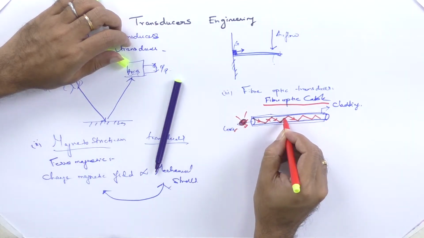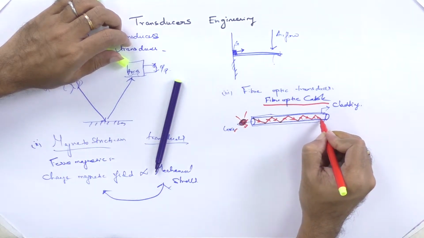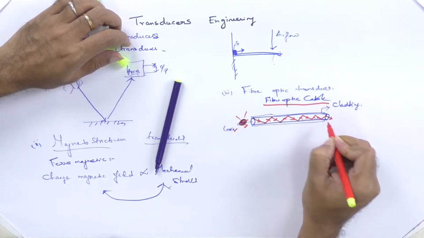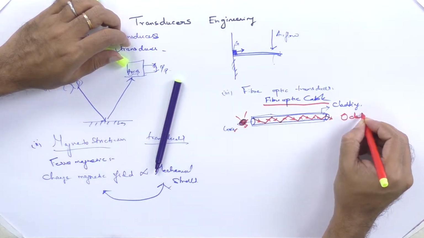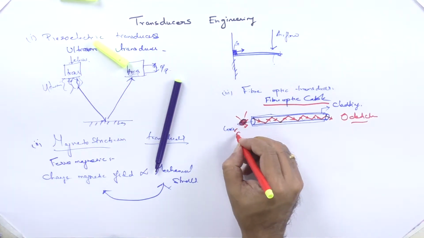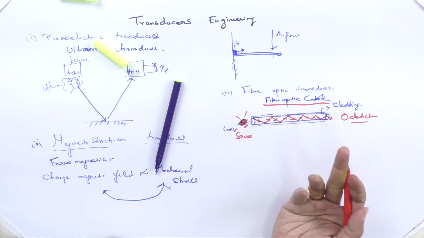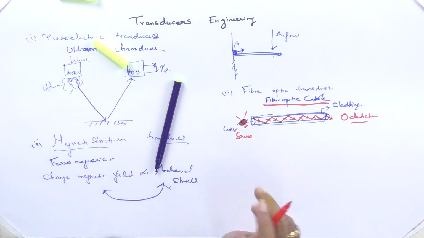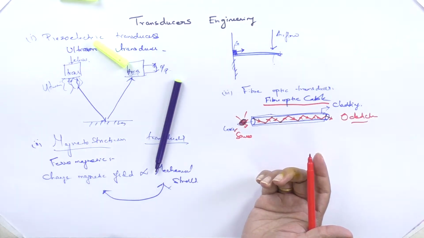And finally it comes out, and here we have our detector for the fiber optics. This is the source, this is the detector. The source may be any LED, laser, whichever you want can be taken as the light source. Depending upon the application it will change.